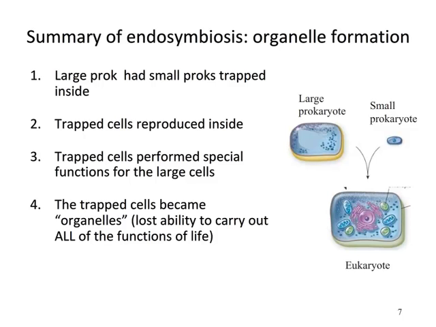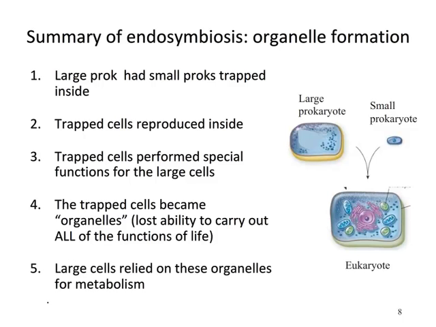Those are just two examples. And then at last, those larger cells that had the smaller prokaryotic cells trapped inside began to rely on these organelles for metabolism. They were no longer able to carry out their own metabolic functions. They needed those organelles in order to survive.